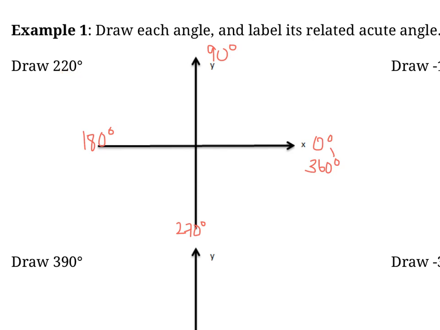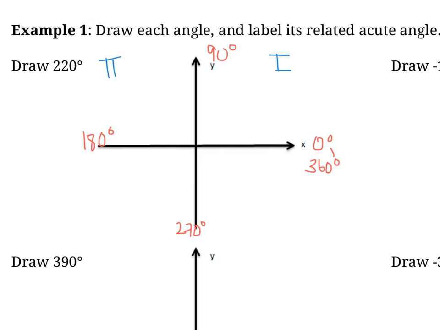Now that we have labels on our XY grid, it's going to make it easier to figure out where 220 belongs. Mathematicians found that it's hard to just talk about which section of the grid we're talking about, so they came up with quadrant names. This one over here is called quadrant 1. I'm going to put a little 1 here.